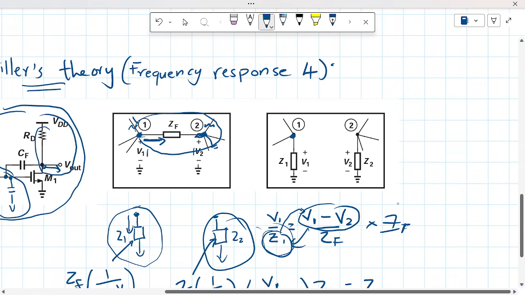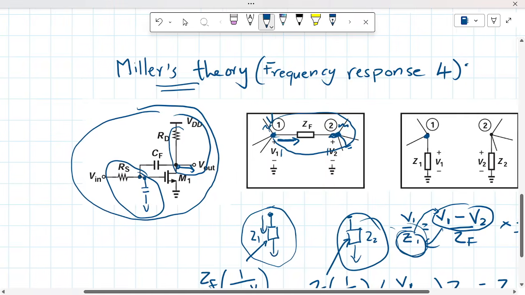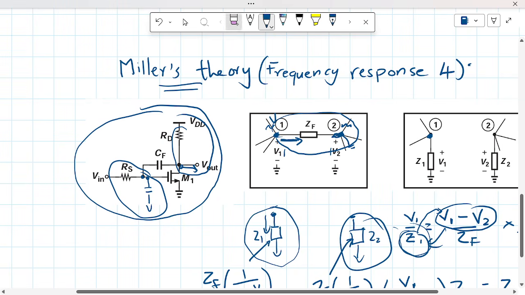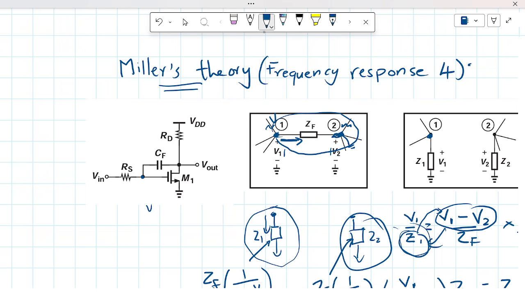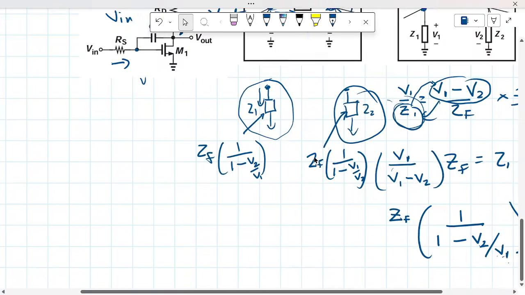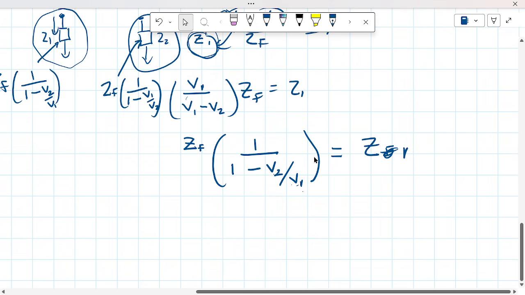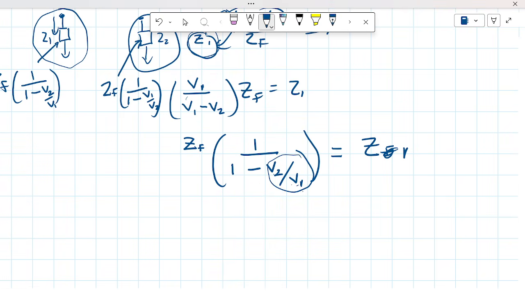Assuming we had an input voltage here just as we did before, we call this side the input and we call this side the output, then our V1 is the input voltage, our V2 is the output voltage. Then we can modify our formula and call V2 over V1 the gain.